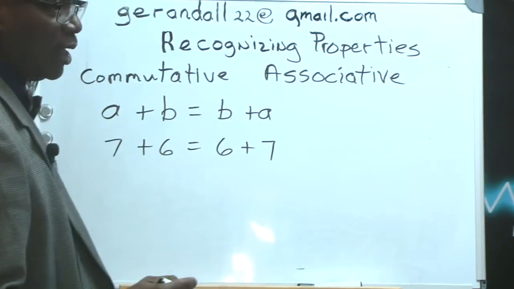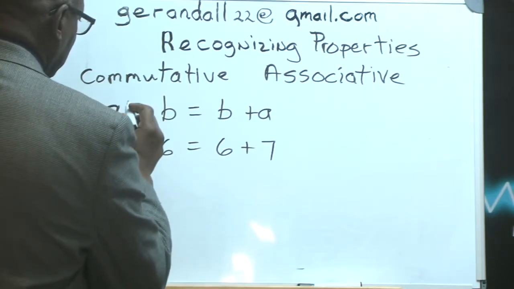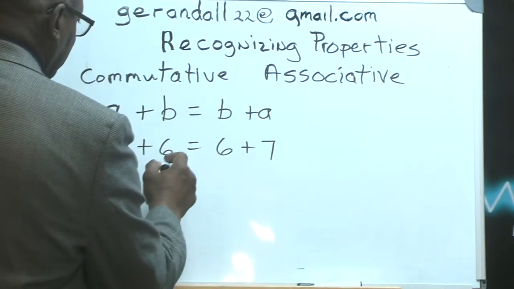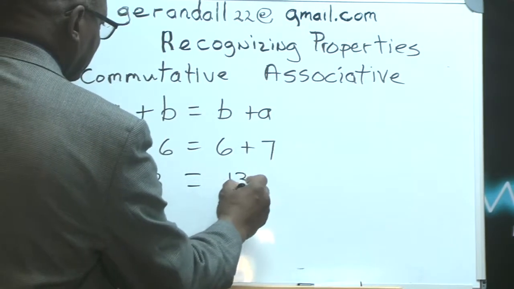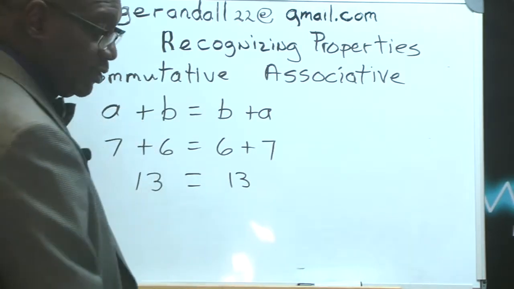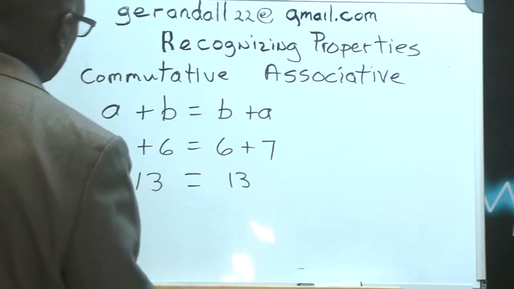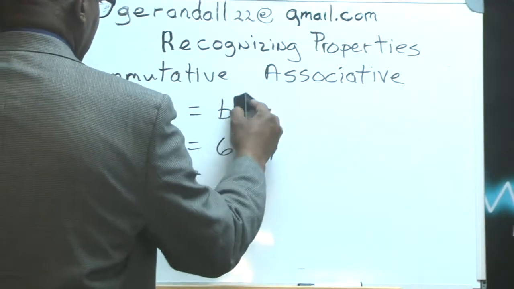No matter what, in this particular case, 7 plus 6 is 13. 6 plus 7 is 13. Okay, for multiplication, since we're talking about commutative property, just going to change a few things right here.